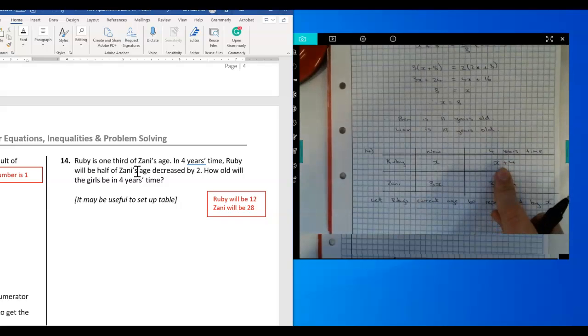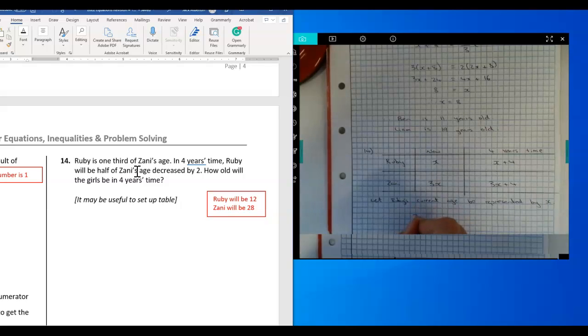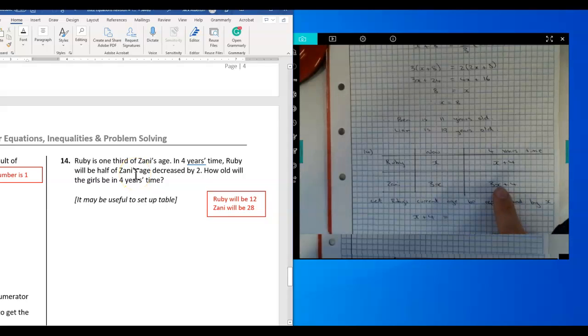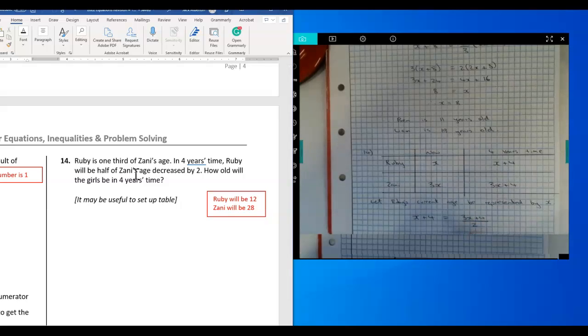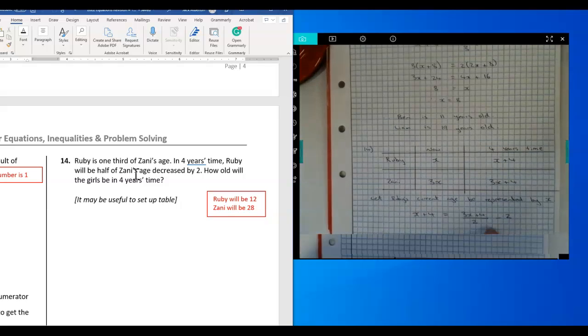So I know that in 4 years' time, Ruby is going to be x plus 4, but I also know that in 4 years' time, Ruby will be half of Zanny's age decreased by 2. So she'll be half of 3x plus 4, minus 2.